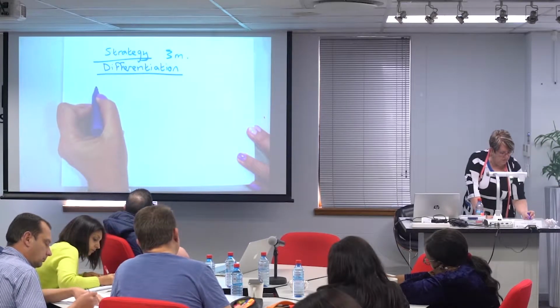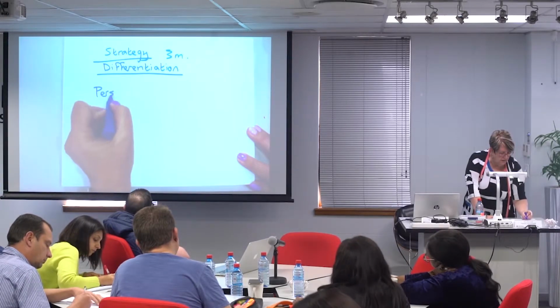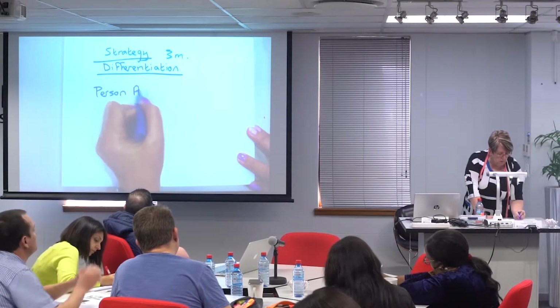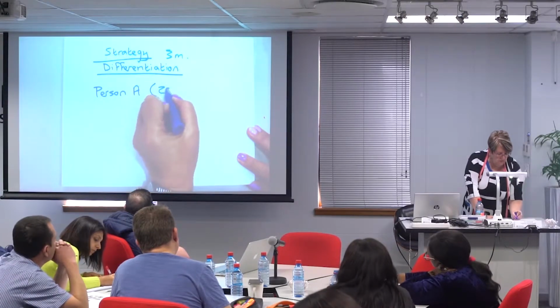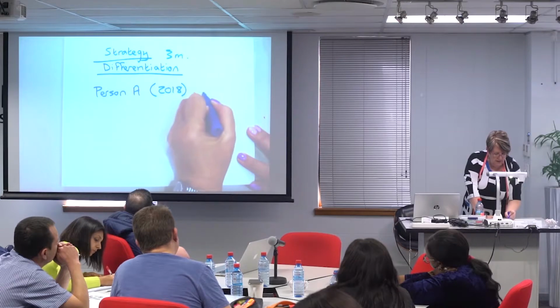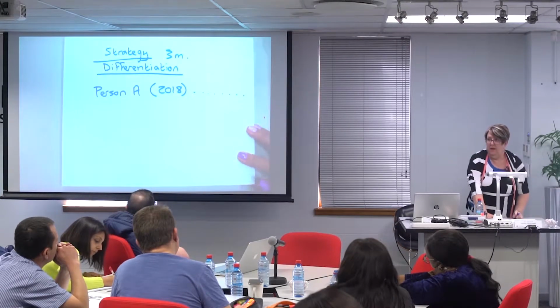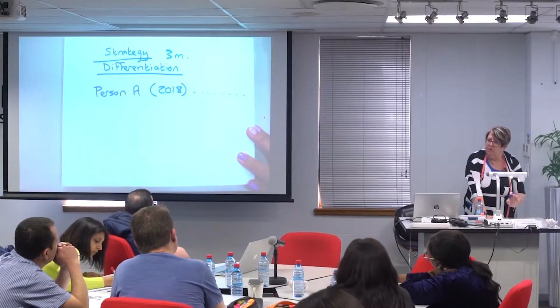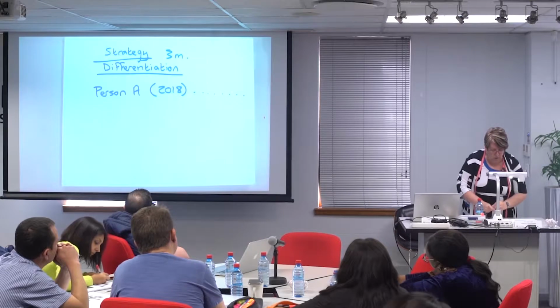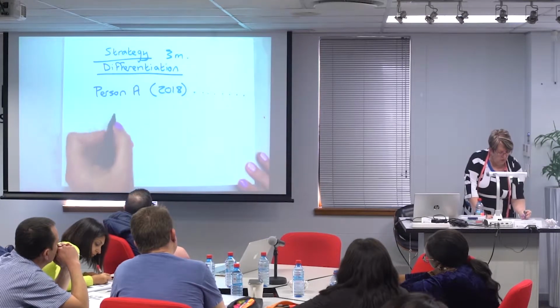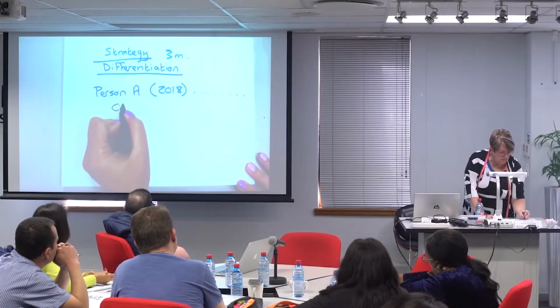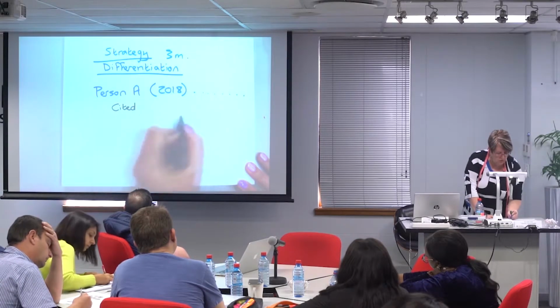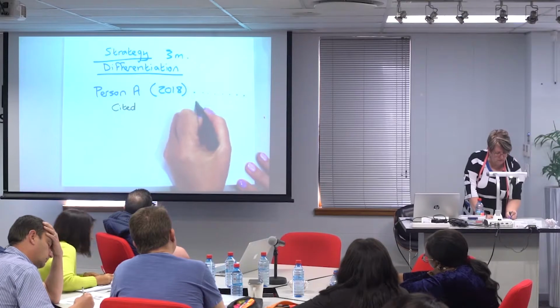And then you're going to see there person A, the year 2018, and the name of this article. And the one at the top should be most relevant to what you're looking for. But somewhere below that name, or the article's name, you're going to see cited, and you're going to see related.